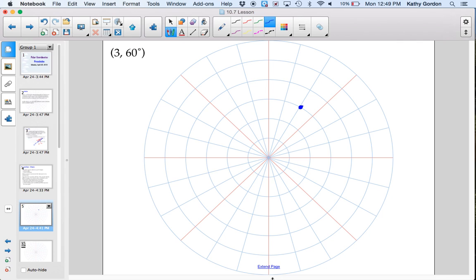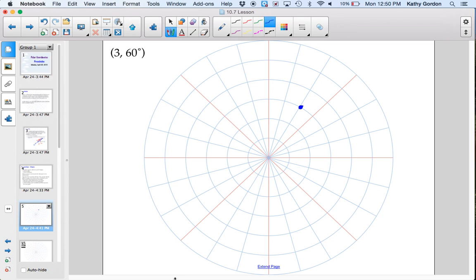This is a little bit different for you because of the lines and the way they are labeled. You do have them actually labeled on yours, but they're labeled in radians. So if you're given something in degrees, you just got to make that conversion so I can know which radian line you're on. Okay? And then from the center, you count out 3 circles.